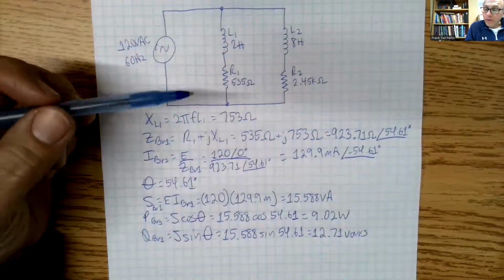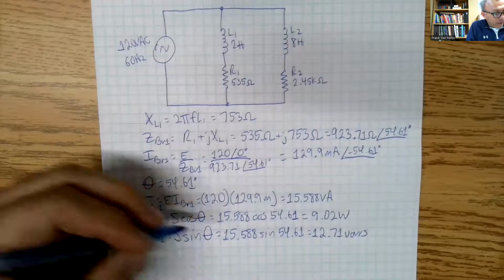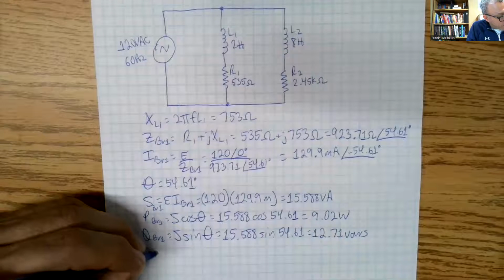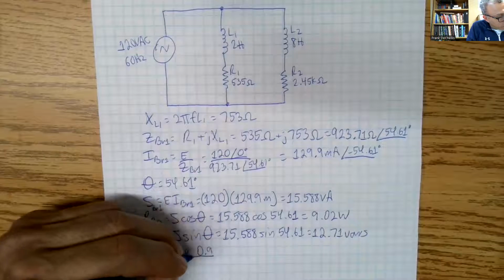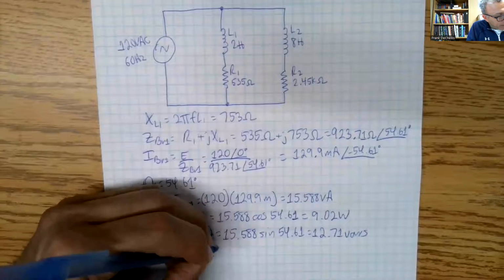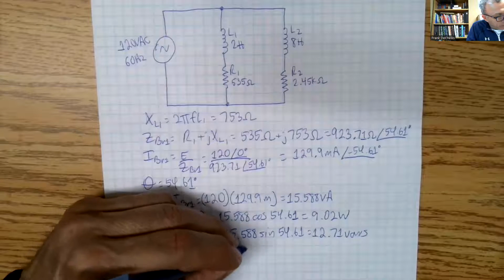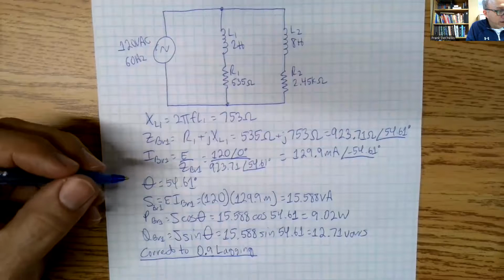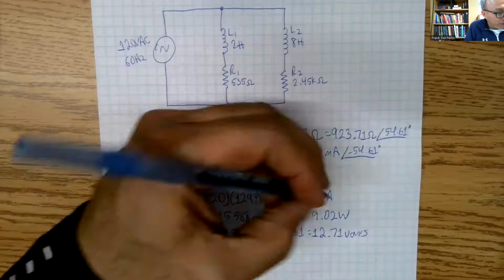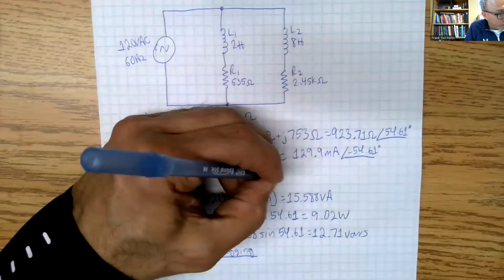So what we have is, put this here, lagging. And I should put that here as well. Oh, we didn't calculate the PF of branch 1.